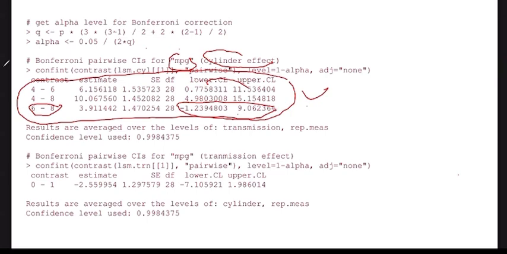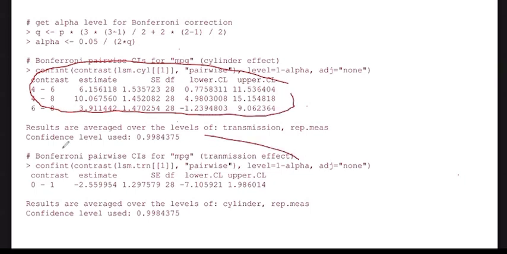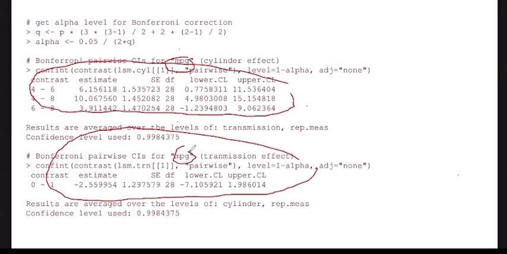Now, can somebody tell me, for extra credit, why is it that in the second factor, don't forget, this one is just for the first factor. Now for the second factor, don't forget we're still on MPG. We have two categorical factors, the transmission effect.